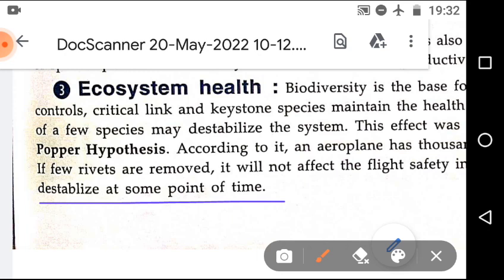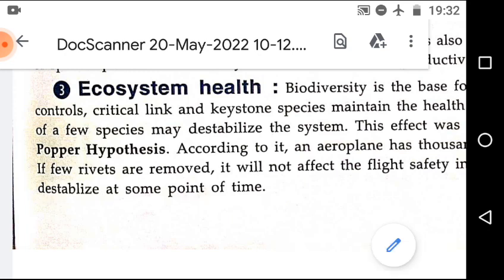If initially some of the species get extinct naturally, due to unfavorable conditions, it will not affect the ecosystem initially, but at a particular point of time the ecosystem will destabilize. So this is about the Rivet Popper hypothesis proposed by Paul Ehrlich.